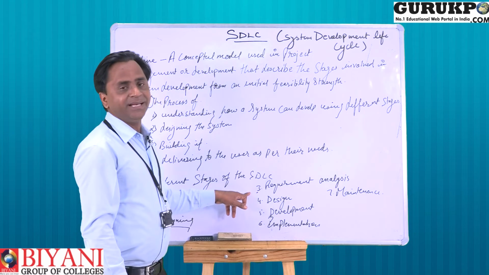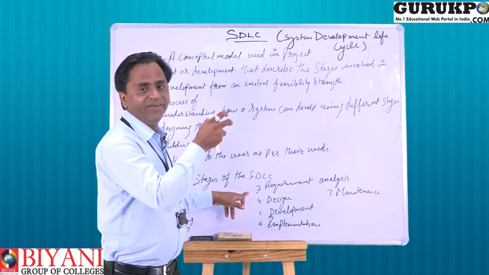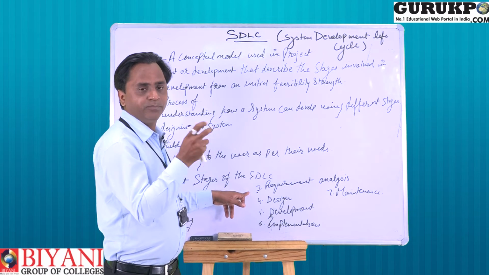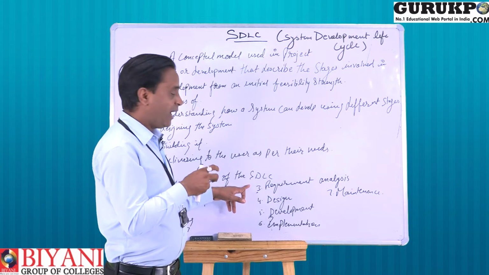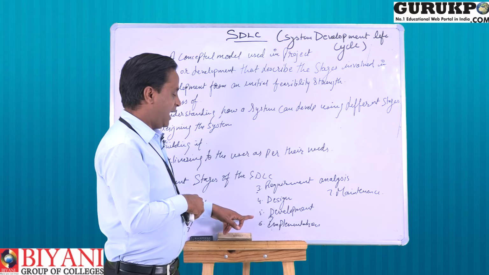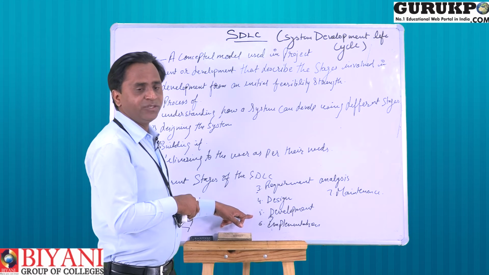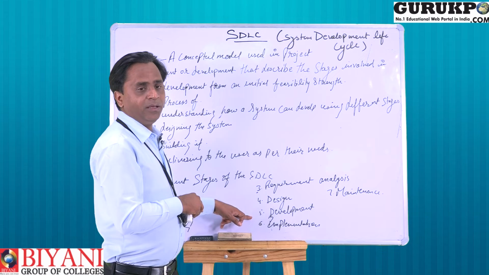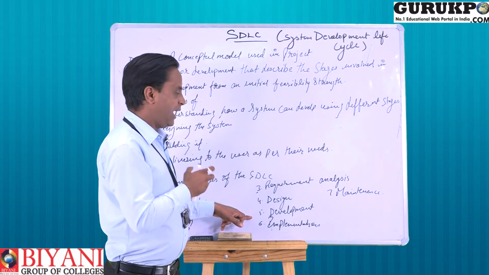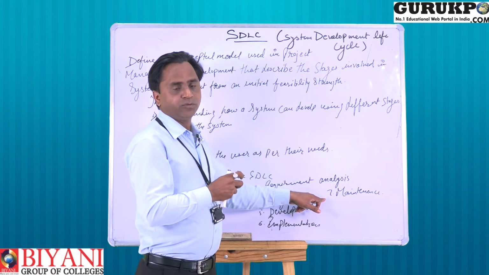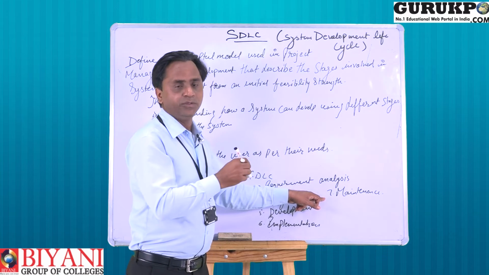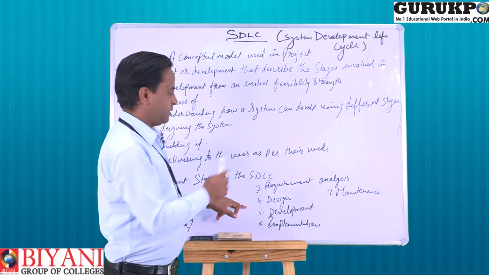In requirement analysis, we have to handle everything according to the user, so that the user can perform their task. Then we have to change some designing part, development part, and implementation part. Implementation is the main part, when we implement all things, all modules, and then we have to maintain the things and deliver to our user or customer.